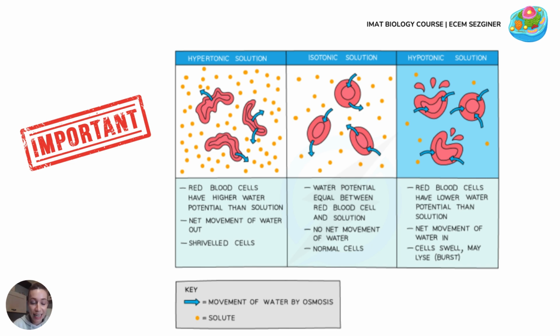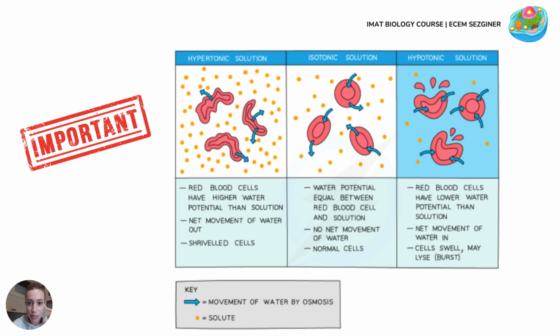So therefore the net will be zero. Water can pass into the cells and also from inside to outside. So the net movement will be zero, and the red blood cells are not going to lose any water, so there will be no change in their shape.